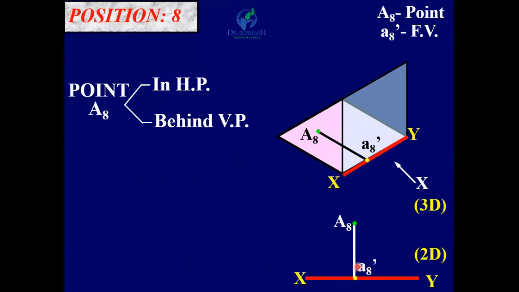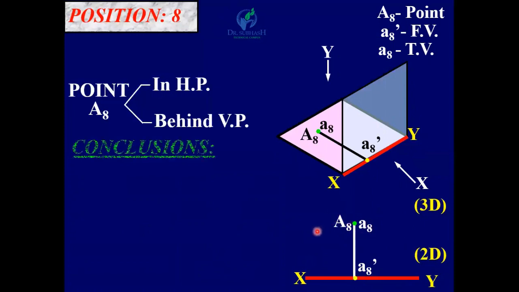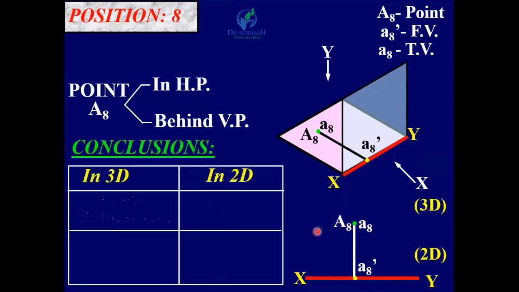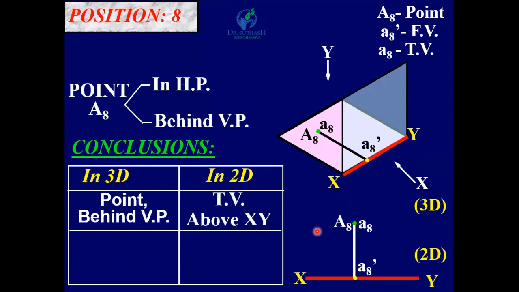So A8 dash is on XY line, and top view is here. Original point and top view are the same, A8. So here front view is on XY line and top view is above XY line. So conclusion, point behind VP, top view above XY, point in HP, front view on XY. Okay. Now let us see next.